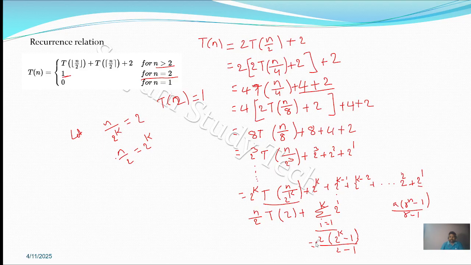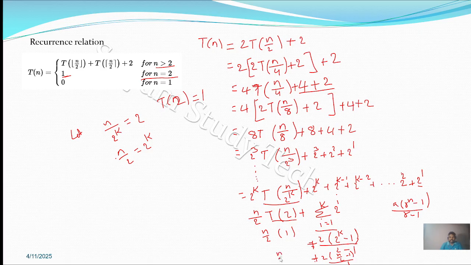Now plus here, T(2) value is 1. So here the value is 1, and n/2 into 1, T(2) value is 1, plus 2 into 2 power k minus 1 by 2 minus 1. Now 2 power k value is n/2. So we can write plus here it is 2, here 2 power k value is n/2, minus 1 by 2 minus 1, that is 1.